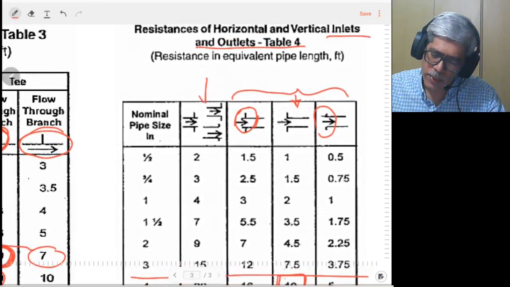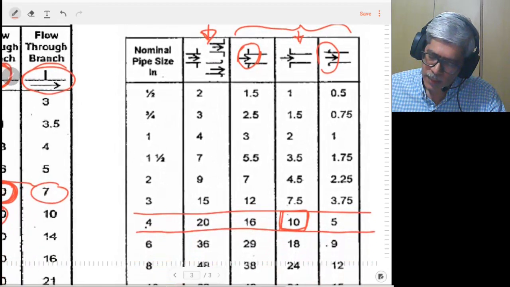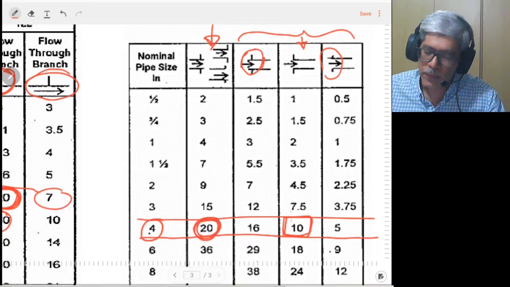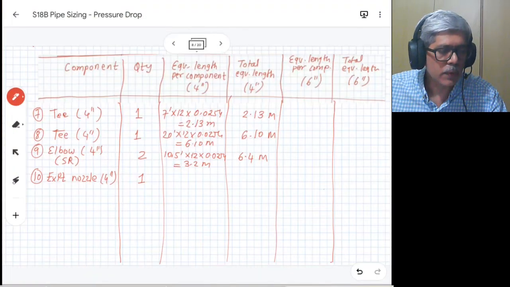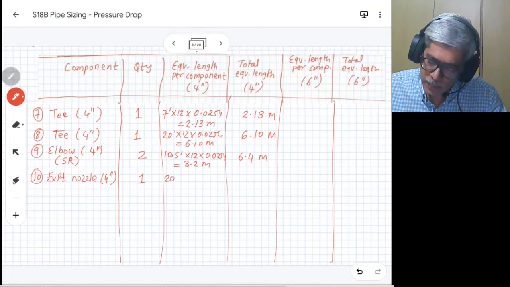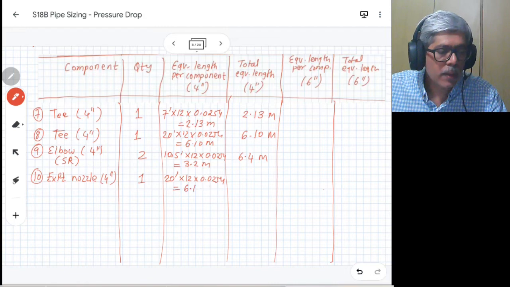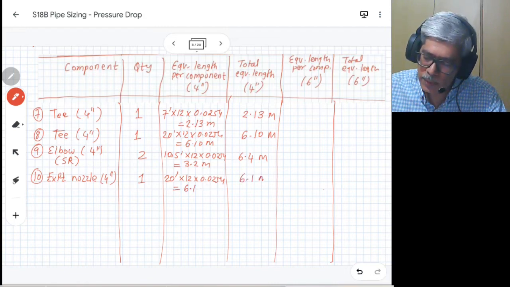This column corresponds to the exit for any type of construction, and our size is 4-inch. So the exit losses will be equivalent to 20 feet of pipeline. So we'll do that in our calculation. This is 20 feet into 12 into 0.0254, which corresponds to 6.1 meters. So the total is 6.1 meters.